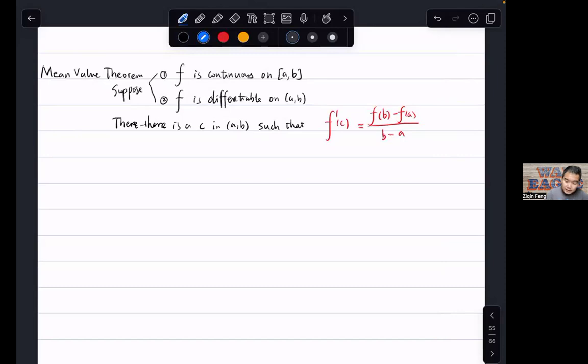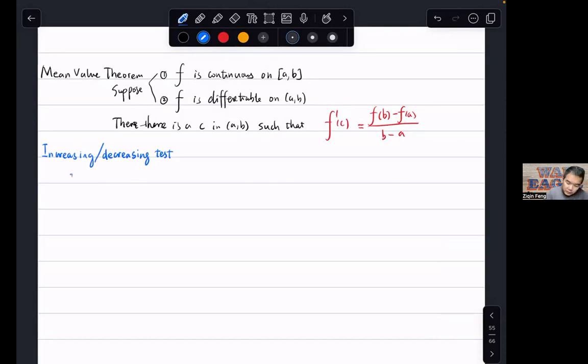One is the increasing/decreasing test, making the connection between the derivative and whether the function is increasing or decreasing on the corresponding interval.